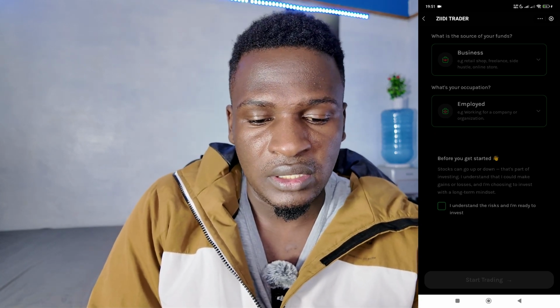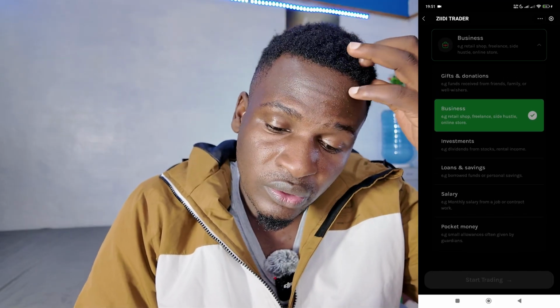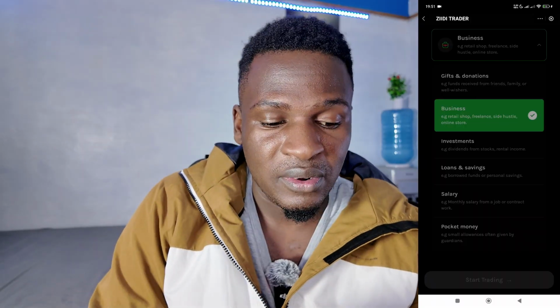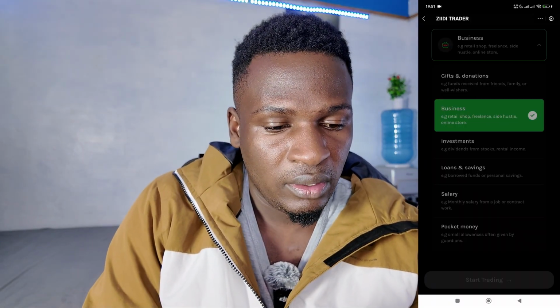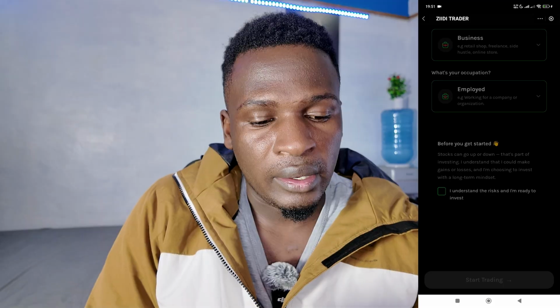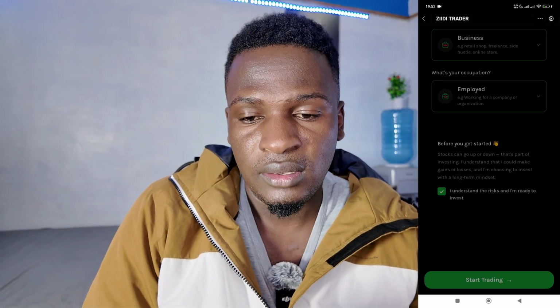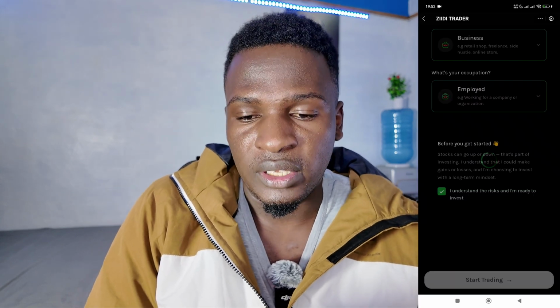You can say if it is business or investments, loans, a salary because you are an employed person, or your parent gives you money, which we call pocket money. Then you click that you understand the risk and are ready to invest, and you continue. You will be asked again to enter your PIN so that you can proceed.